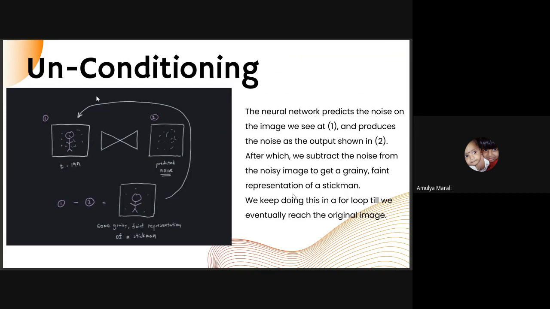But eventually, when you keep doing this at every step, you come near to the image that you initially had put in, which at every step is a faint representation of the original image, extremely faint. And it eventually gets better as you do this process again and again. That is predicting the noise, then subtracting it, predicting, subtracting, again using the Markov chain algorithm or process.